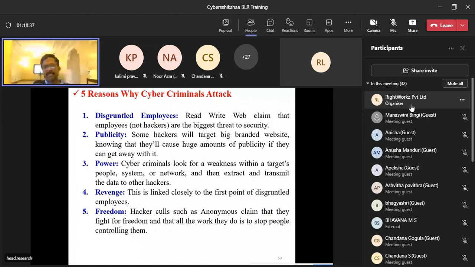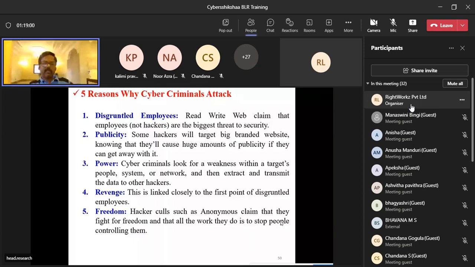Then publicity purpose: cyber criminals are attacking to show power, their stamina, so they perform cyber attacks. Then revenge. Some people are doing cyber attacks for revenge, to take revenge against people. And freedom.